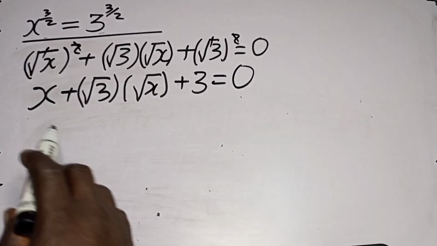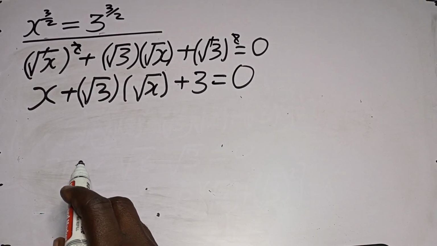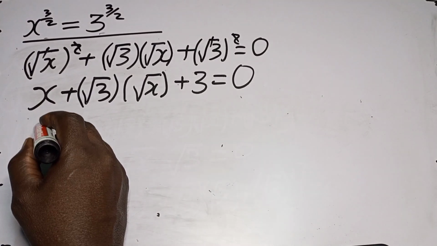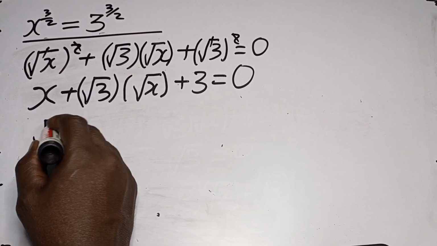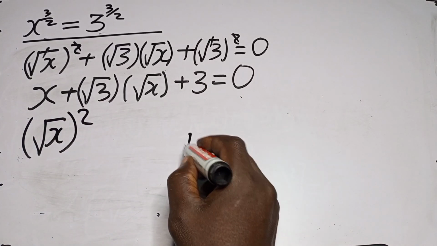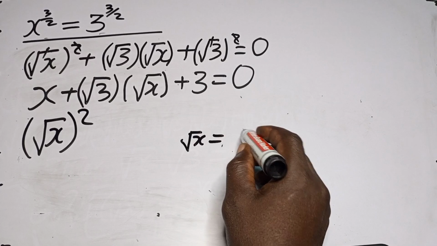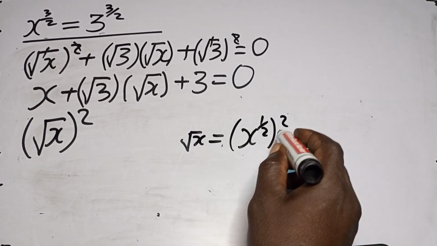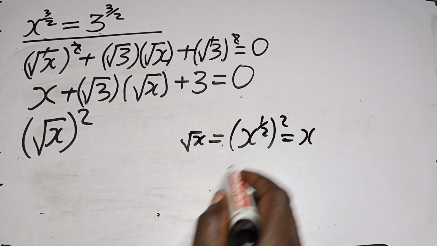Now, this is actually a quadratic equation for those who can actually see, but we're going to make it clear. Now, x can be written as root x, all of that squared. Remember, root x simply means x to the power half. And then when we square it, it just gives us x.